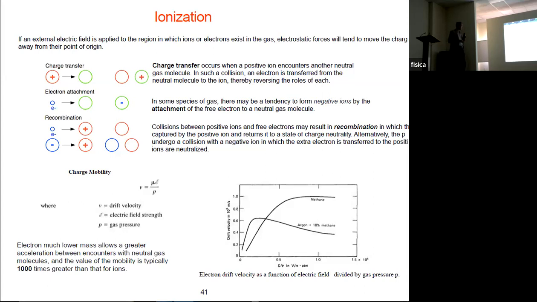And here you can see some examples of how the drift velocity of electrons depends on the so-called reduced electric field strength, which is actually the ratio of electric field and pressure. You can see that the drift velocity increases and decreases, and for different substances it behaves in a different way.